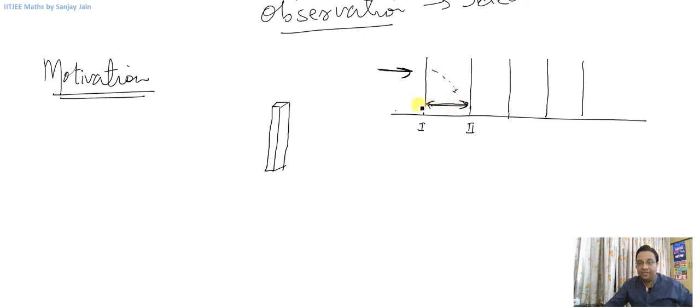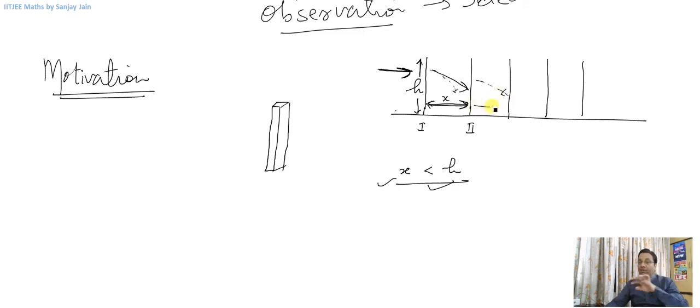If this gap is lesser than this height, let us say this height is h, and this gap is x, h units and x units. So if x is less than h, then the first tile will fall on the second, thereby pushing the second to fall on the next one.